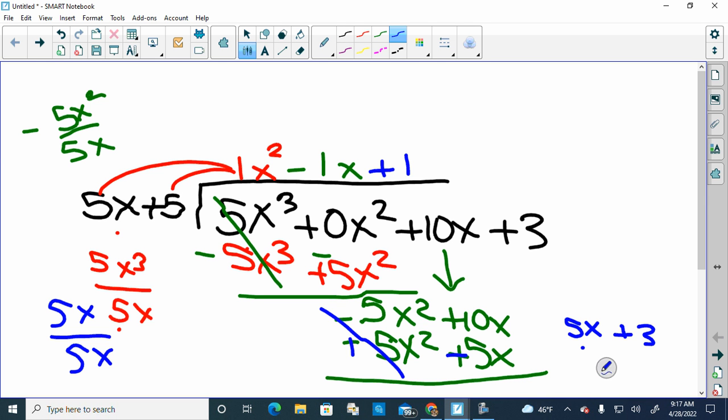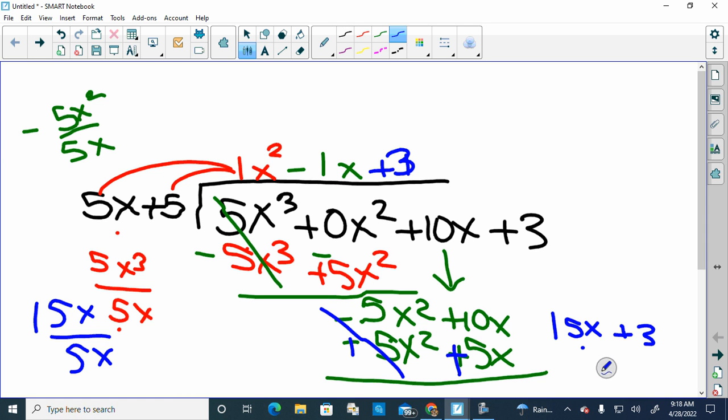It should be plus 5x, and this should be negative 5x and you change it to plus 5x. So it should have been a positive, so it should be 15. Okay, so 15x divided by 5x would be not 1, but 3. So we should have a 3 there.